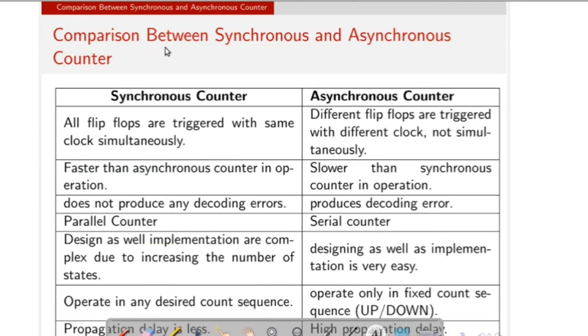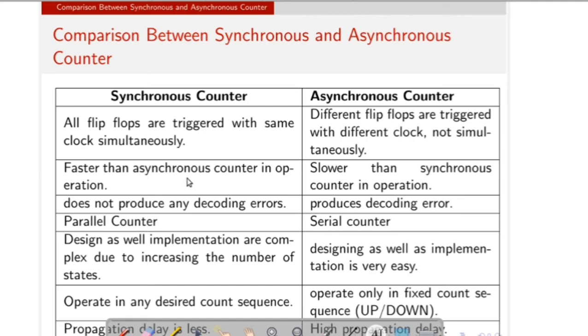Next I will discuss the comparison between synchronous and asynchronous counters. You know that in the case of a synchronous counter, all the flip-flops are triggered with the same clock simultaneously. But in the case of an asynchronous counter, the output of the first flip-flop acts as the clock of the second flip-flop. That means flip-flops are triggered with different clocks, not simultaneously, right?